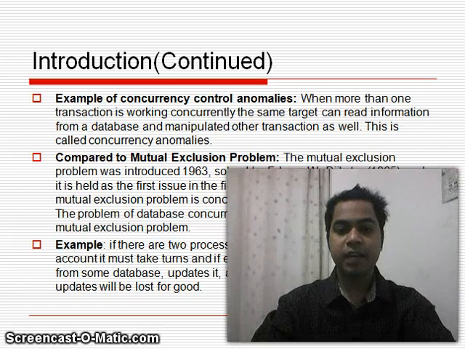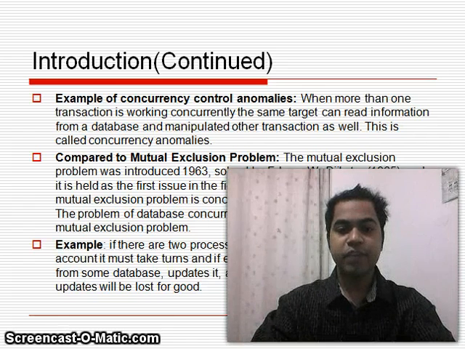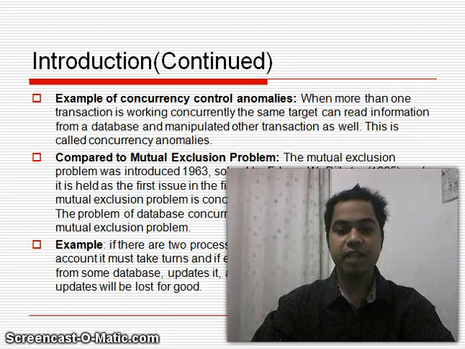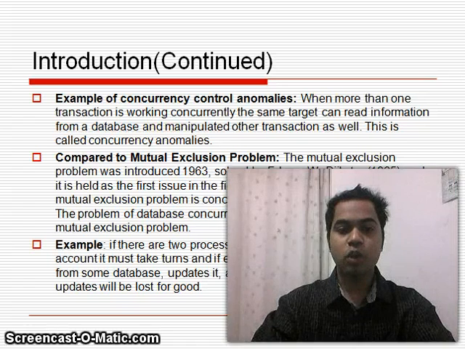The database concurrency control problem is similar to the mutual exclusion problem. Example: if there are two processes trying to update the same bank account, they must take turns, and if each process reads the current balance from some database, updates it, and then writes it back, one of the updates will be lost for good.